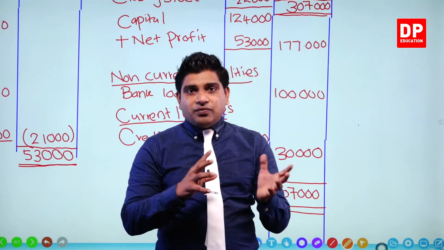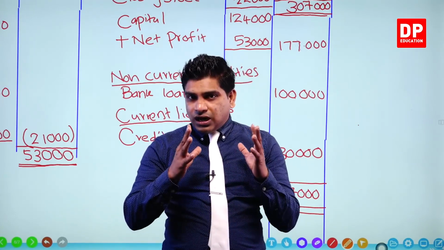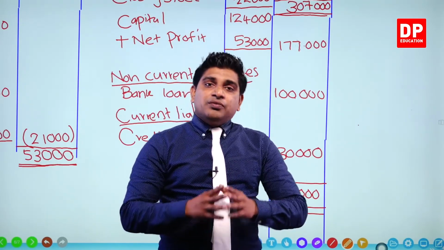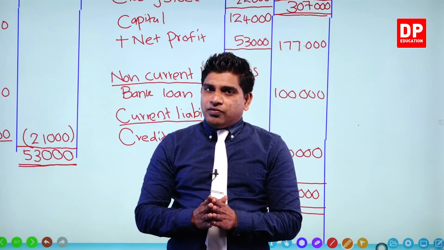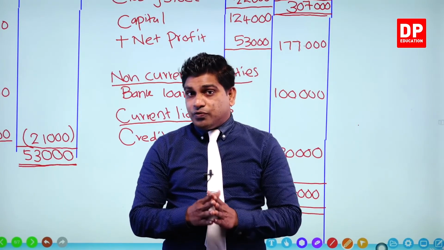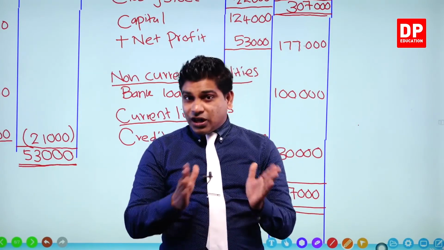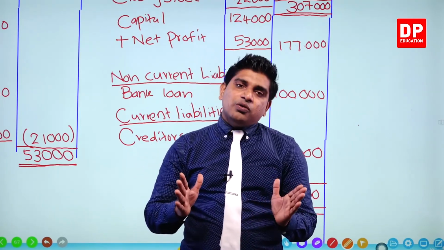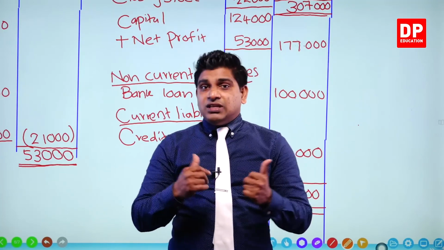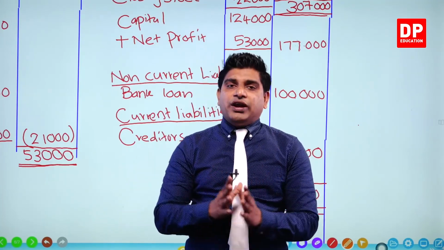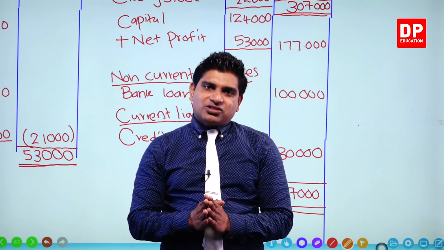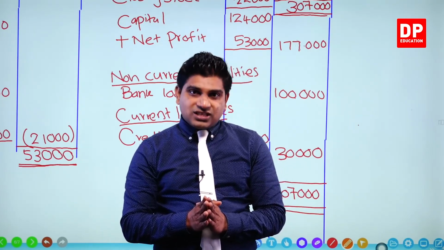According to the basis of the accounting equation, your total assets of the business should be equal to the total capital and liabilities. So we finish the statement of financial position also without additional information, without adjustments. This is the lesson we finish now. In the next lesson, we discuss how to draw the financial statements including adjustments. We'll see in the next lesson.